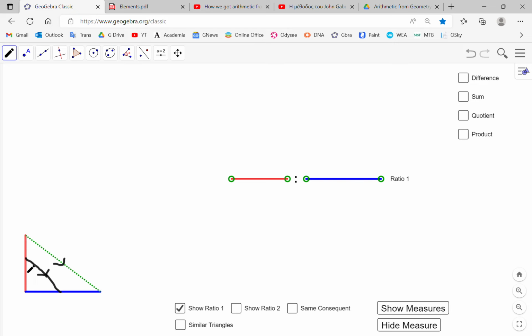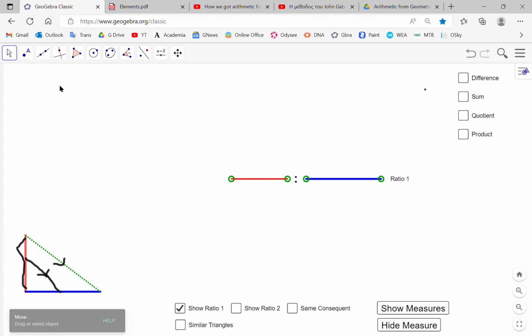I could simply take this part and add it to this part, or I could take any of these parallel distances and extend this ratio to any of the other lines. Let me get rid of that.